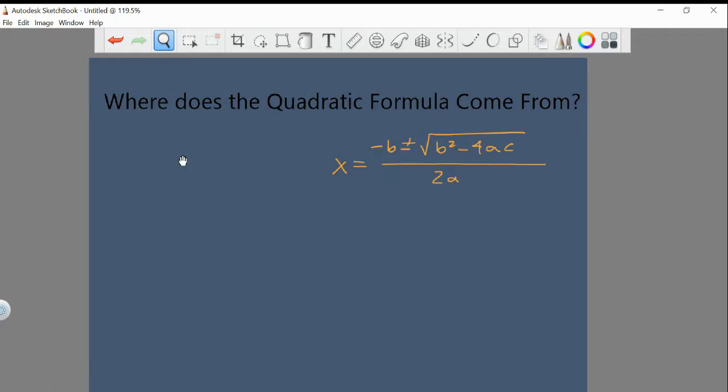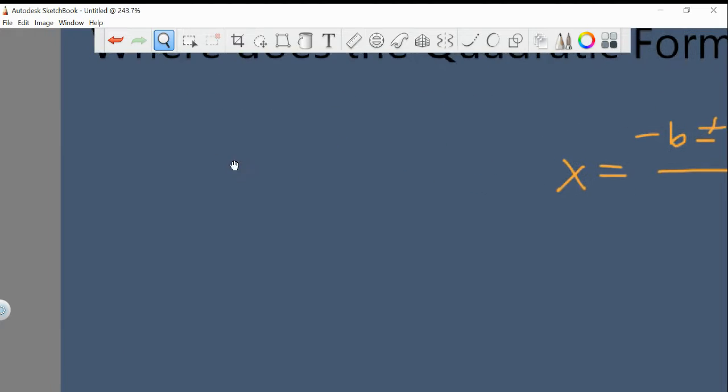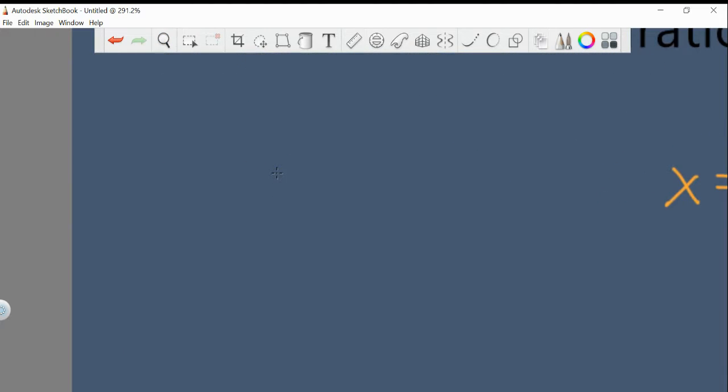So the problem of the quadratic formula is basically, how can we solve a quadratic without doing anything fancy, by just plugging in the numbers a, b, and c? If we think about the quadratic formula, we've got ax squared plus bx plus c equals 0.